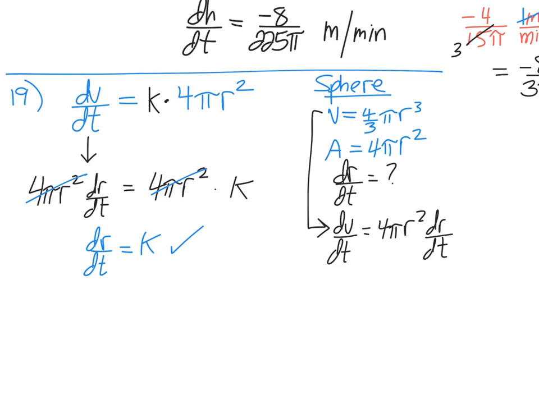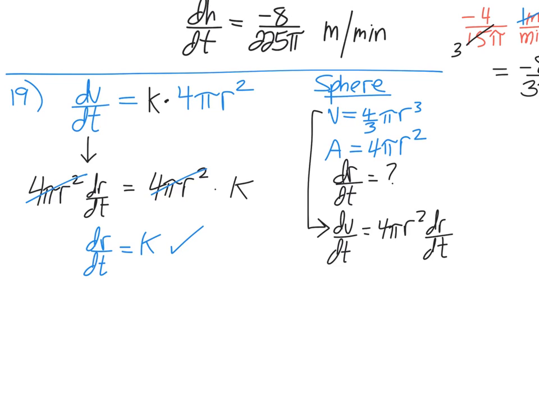Because if you take the derivative of this function, you're going to get a relationship between dv dt and dr dt. And since what we want eventually is a model that only contains dr dt with no other kind of ratio or rate of change in it, this would be perfect because it allows us to swap out the dv dt for something that's solely in terms of dr dt. Why does it make sense to put the dr dt at the end?